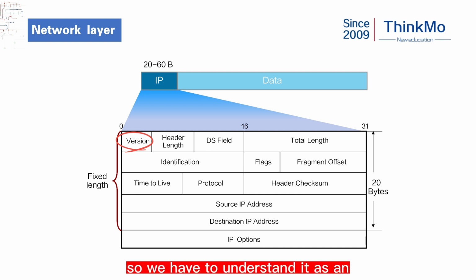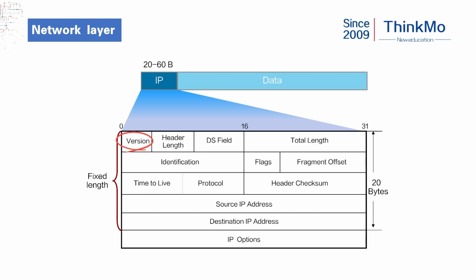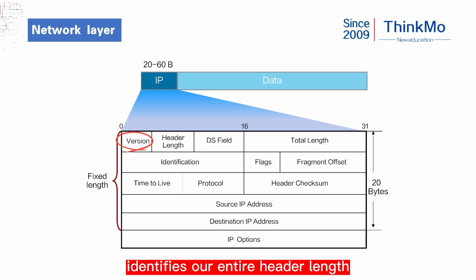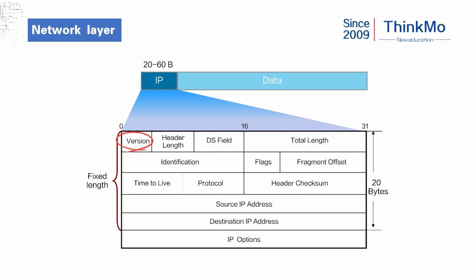Next we have to understand the header length. It identifies the length of our IP header. The IP header is a variable header. Everyone can see that here it is 20 bytes. 1 byte equals 8 bits.